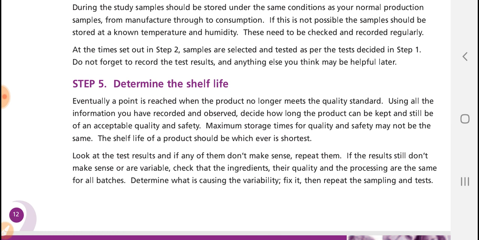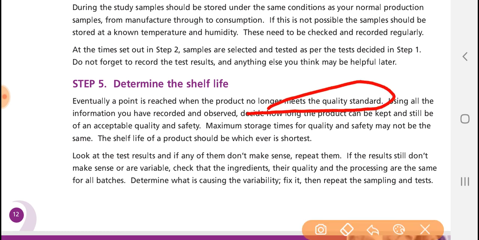Then eventually a point is reached when the product no longer meets the quality standards. When you have stored it, after some time, the quality criteria will no longer meet the standard.